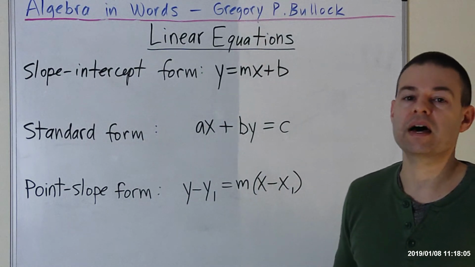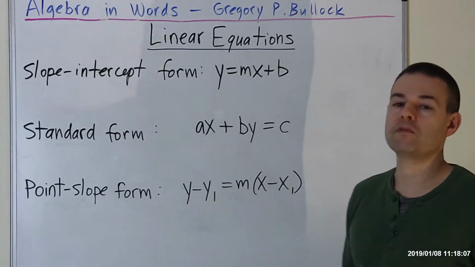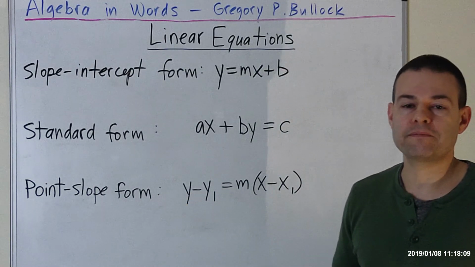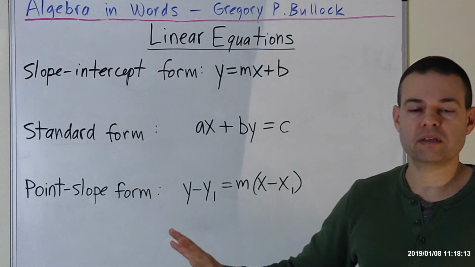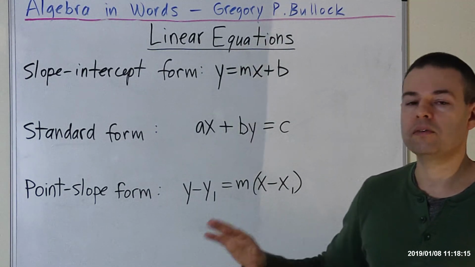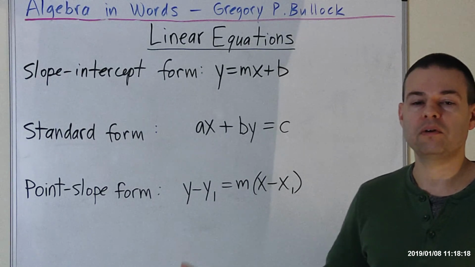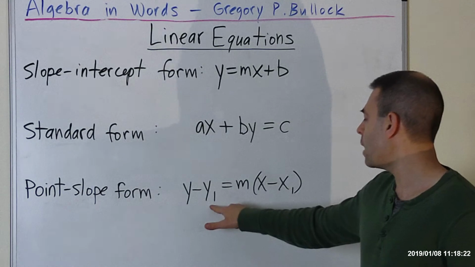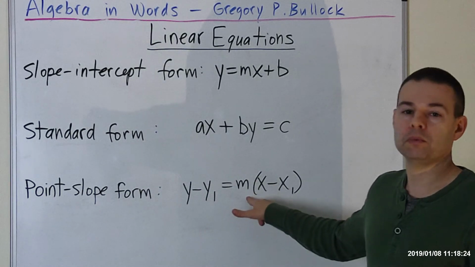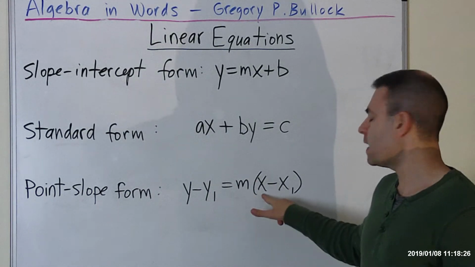There's situations for that. But when you're dealing with a point-slope formula, the purpose behind that formula is you're given a point. You could be given more points. I'll go into that in a later video. But you could be given a point. You put the value of x in for x1 and the value of y in for y1. You might have the slope. You put the slope in. But you leave x as x.